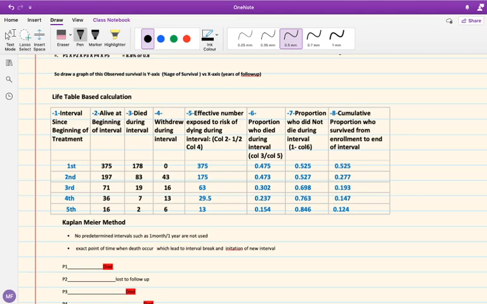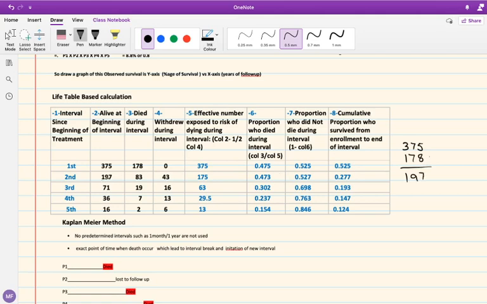For the next column, during the second year, out of 375, 178 died during the interval, so the remaining value is 197. Just to make life easier, 375, and then we are subtracting the number of individuals who unfortunately died, and then the value is 197. So 197 is placed over here.